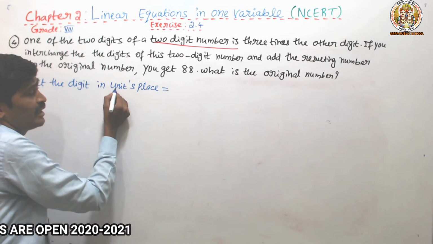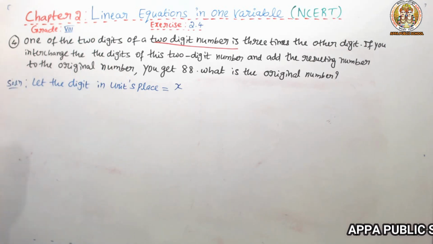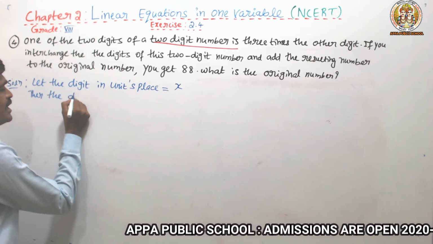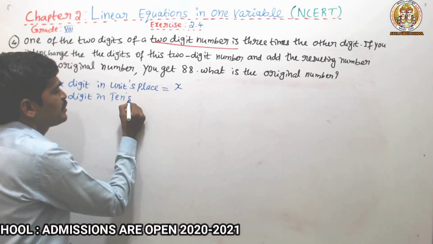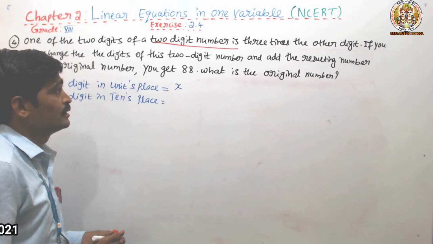We don't know the unknown quantity, that's why you can take x. Then the digit in tens place.